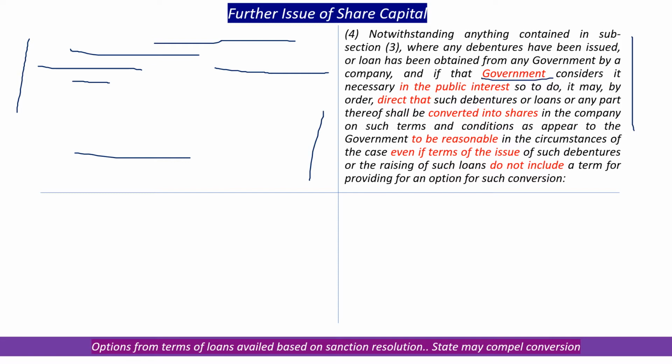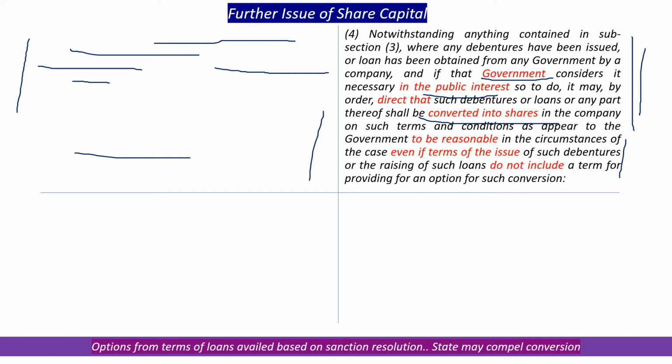Notwithstanding what is stated in this section on further issue of capital, it is up to the government in public interest to direct that some loans or debentures be converted into shares, and they should be accordingly documented with the company, including changing the respective sources of power like memorandum and articles which empower the company to issue the same. This is an exceptional case of government intervention in public interest.